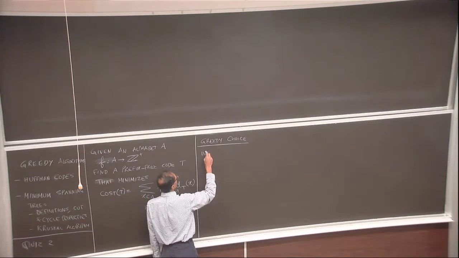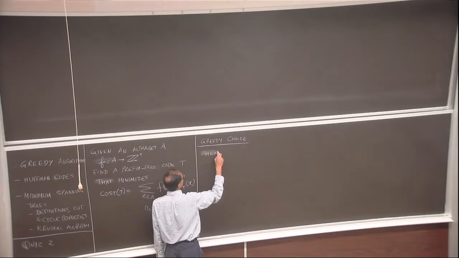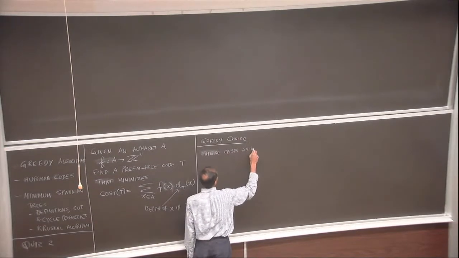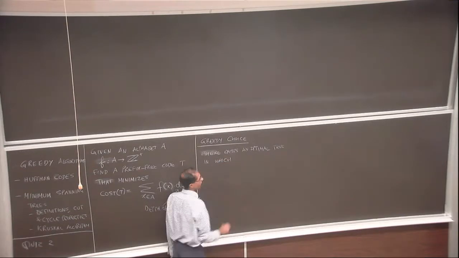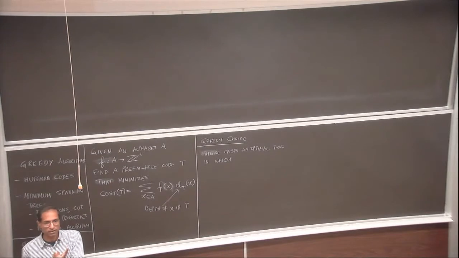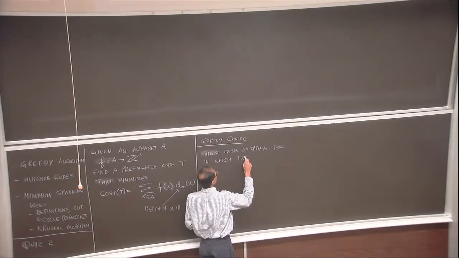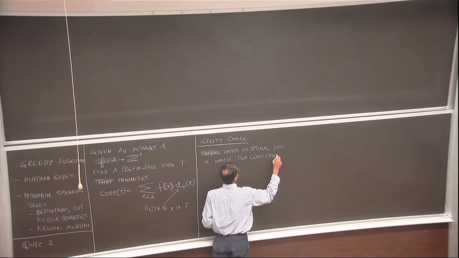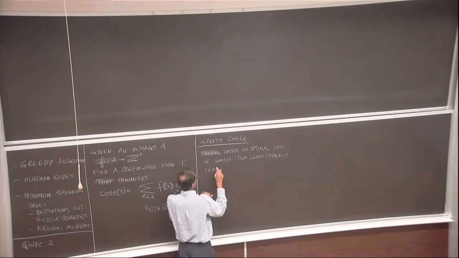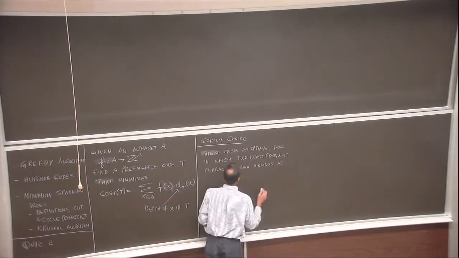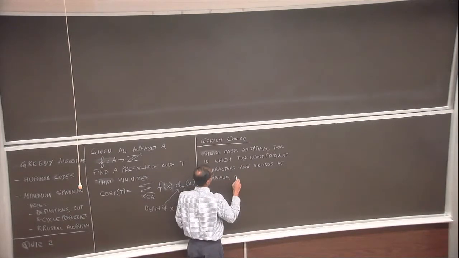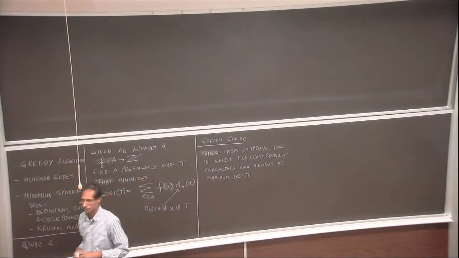That is, that there exists an optimal tree in which the two least frequent characters are siblings and at the lowest level. And we'll prove this.